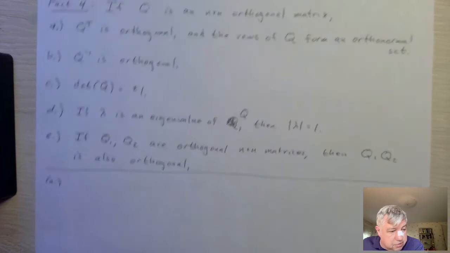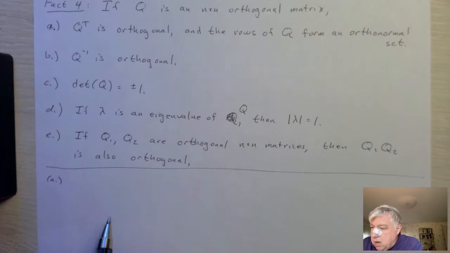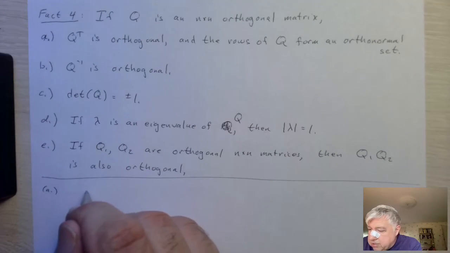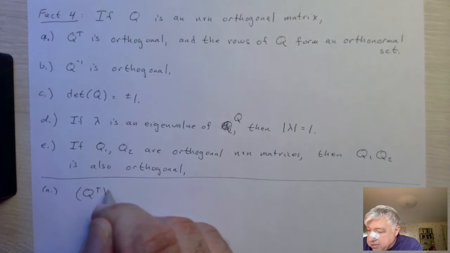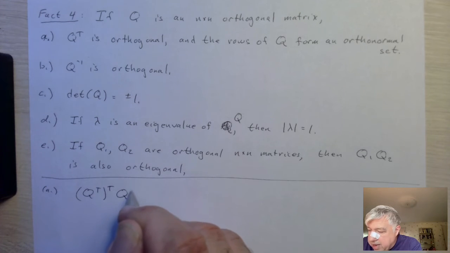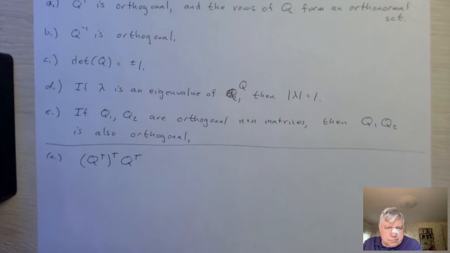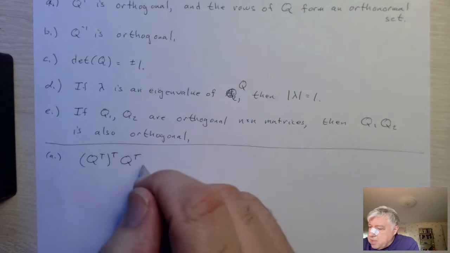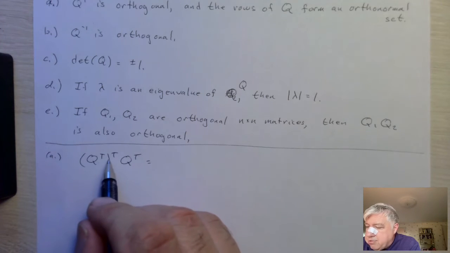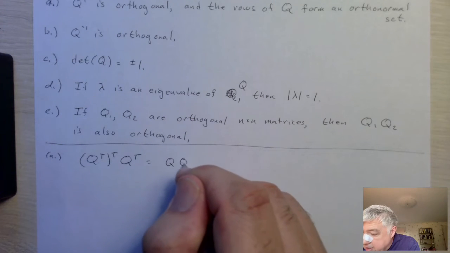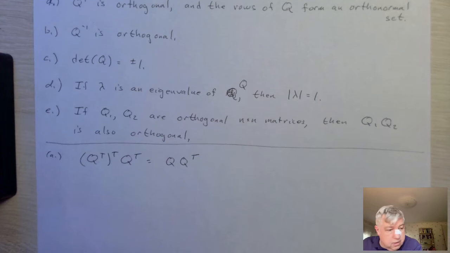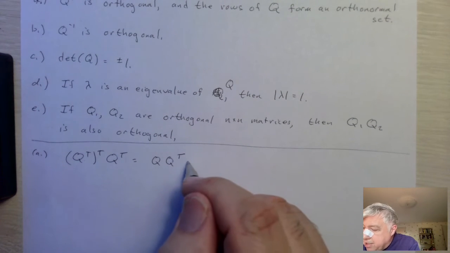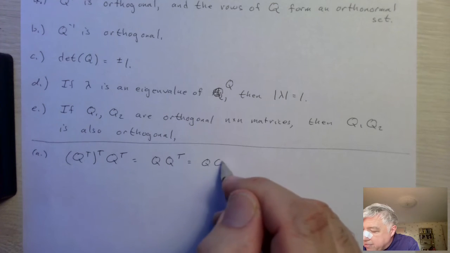And here we just need the fact that we're going to show that Q transpose is orthogonal. We consider the transpose of Q transpose times Q transpose. Okay, and this is going to be the identity, because obviously the transpose of Q transpose is Q, and then we know that because Q is orthogonal, Q transpose is Q inverse.